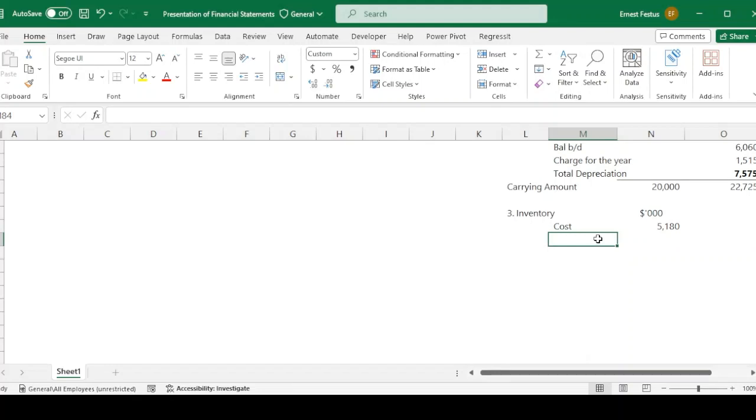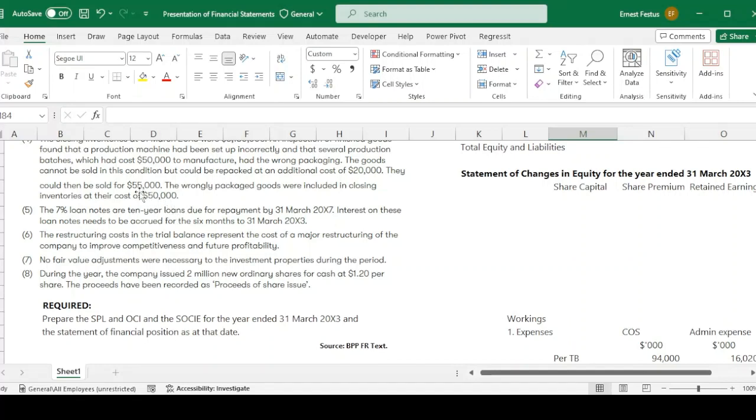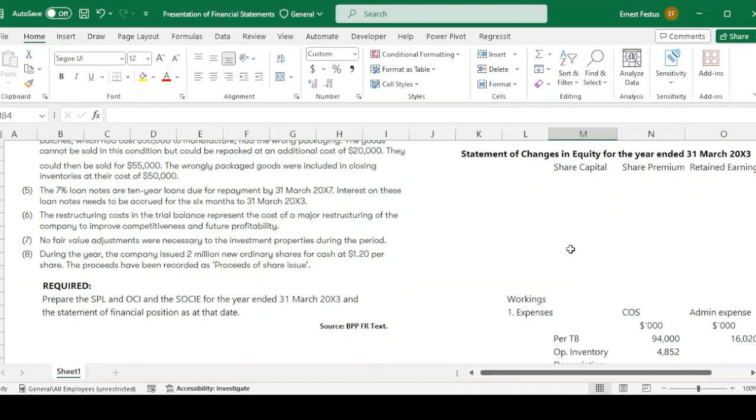Now, what is our net realizable value? The net realizable value is the price less the cost to sell. The selling price less the cost to sell. So we want to sell our item at 55,000. After we have repackaged the item, we can sell it at 55,000.